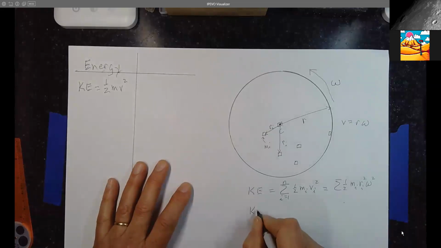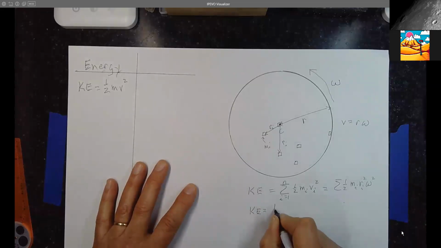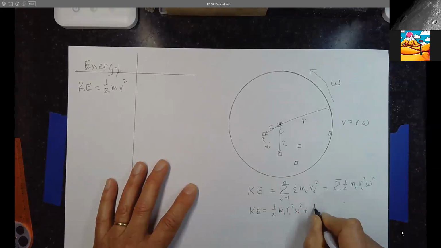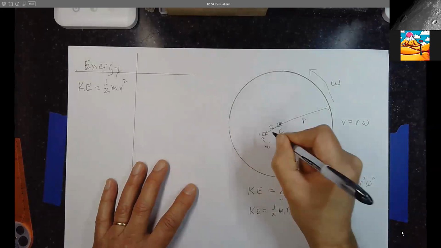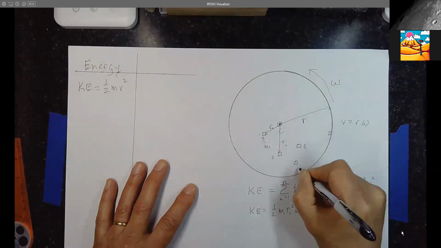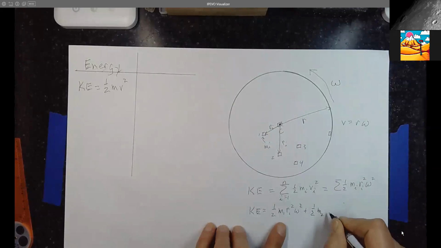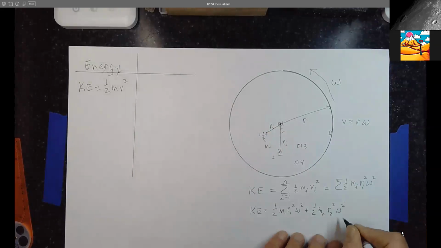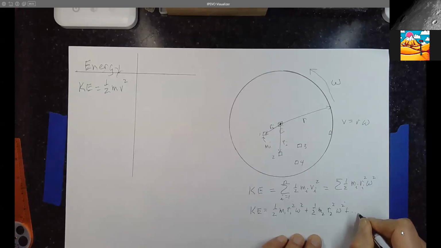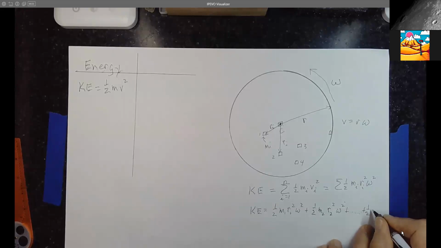It would mean the kinetic energy is going to equal 1/2 times m1 r1 squared omega squared plus 1/2 m2 r2 squared omega squared. Maybe this is object 1 here, this is object 2, this is number 3, this is number 4. They've all got the same omega, plus dot dot dot plus 1/2 m sub n r sub n squared omega squared.